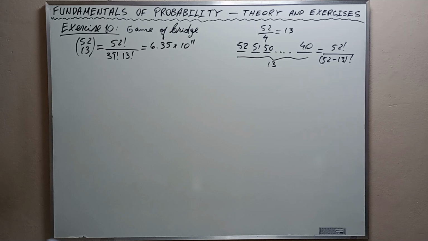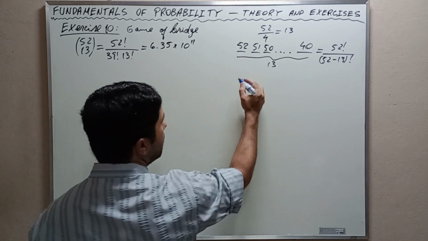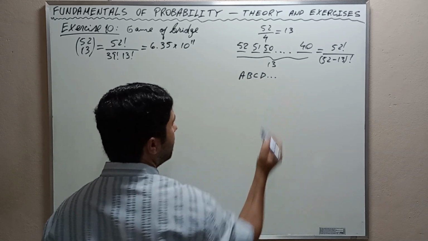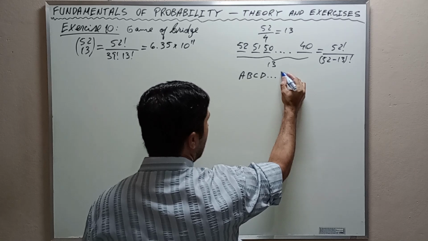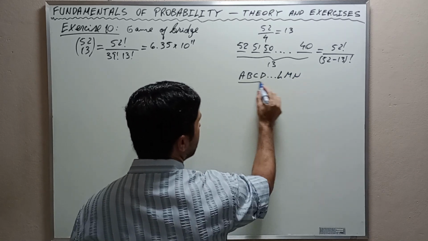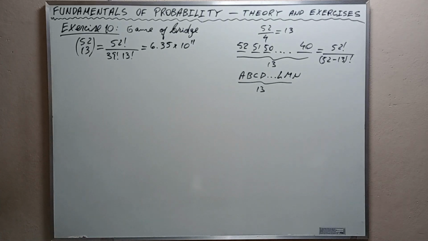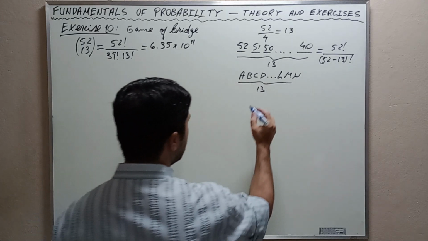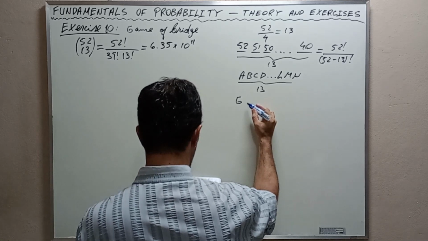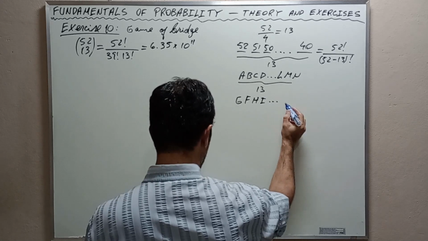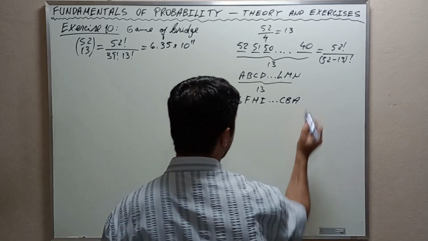Imagine that I have here card A, B, C, D, etc., until the end, L, M, N, okay? 13 cards. This will be precisely equal to the hand G, F, H, I, C, B, A, okay?